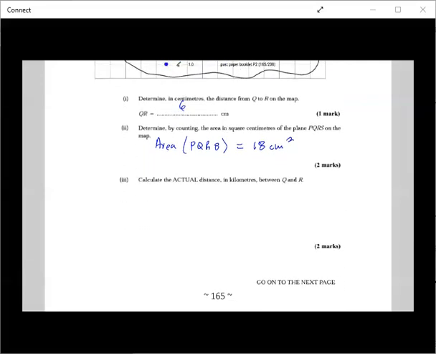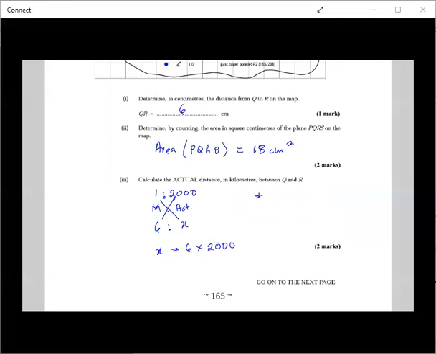All right, and then we're asked to determine the actual distance in kilometers from Q to R. Now remember the scale is 1 to 2,000. This is map and this is actual, map to actual. And on the map, QR is 6. The actual I don't know, I'm going to call it X. Then I'm going to cross multiply. 1 times X is X is equal to 6 times 2,000.